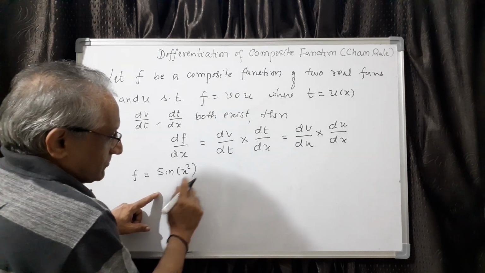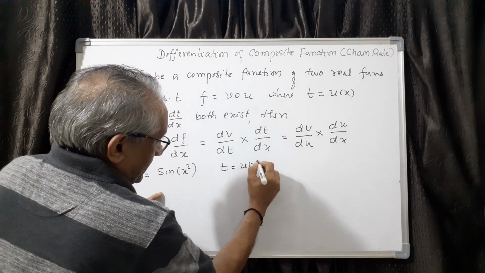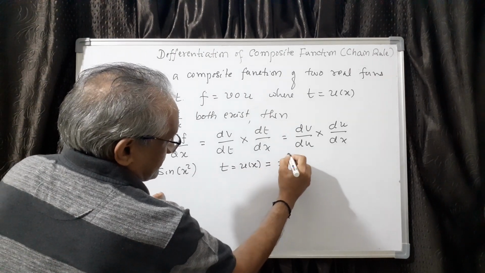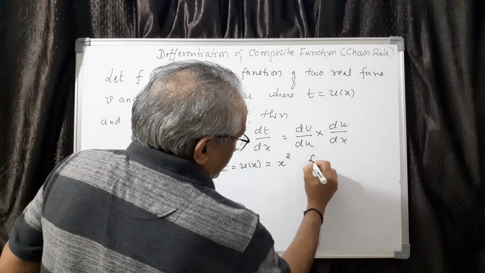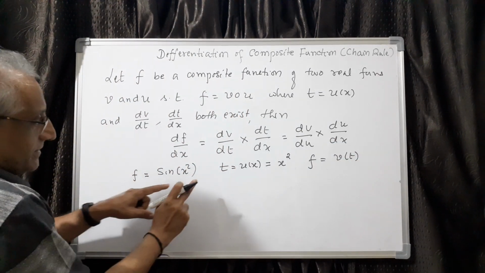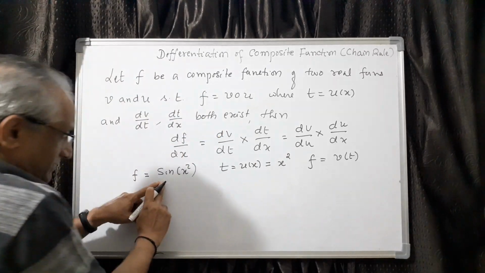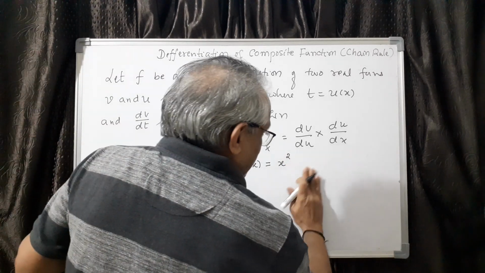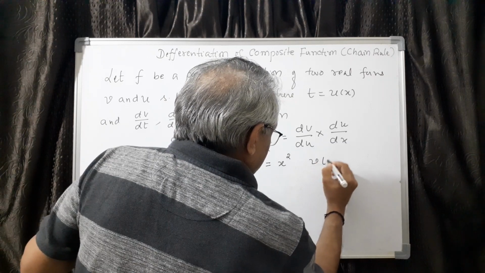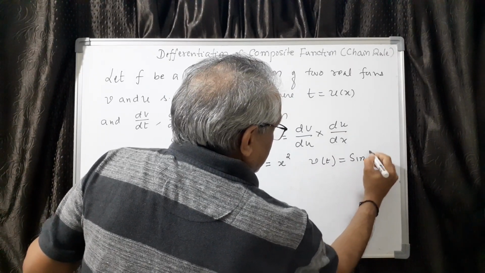Now here what you have to say is t equal to u of x, which is equal to x square, and f will be v of t. I will write one more thing, v of t equal to sin t.